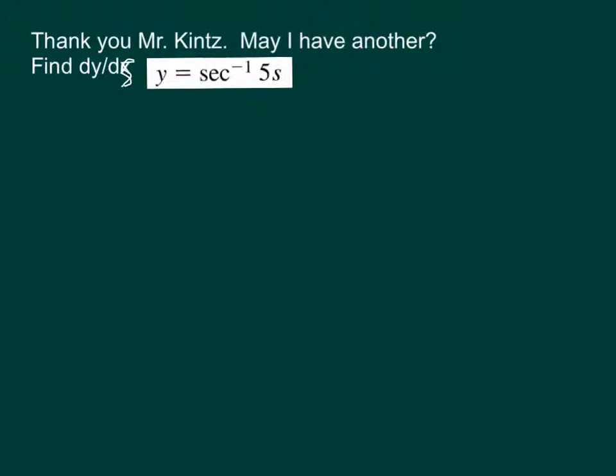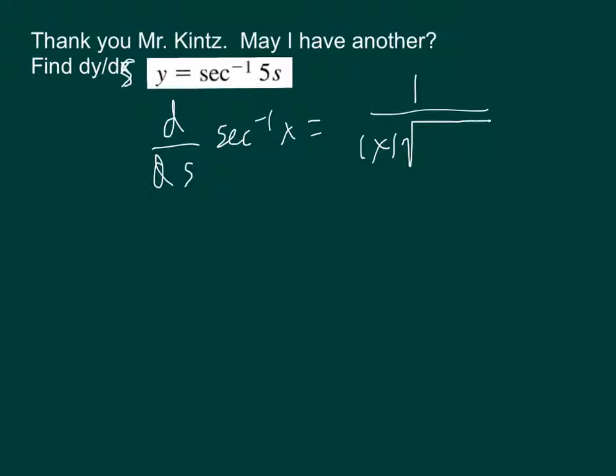Okay, just like the last one, we know the derivative of the inverse secant of x is equal to 1 over the absolute value of x times the square root of x squared minus 1.